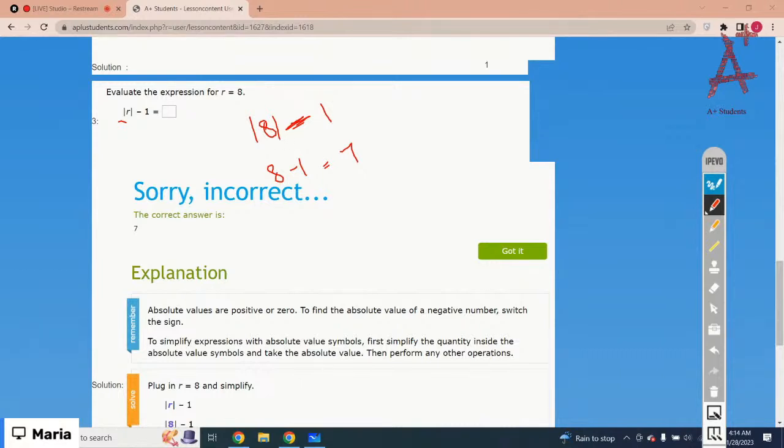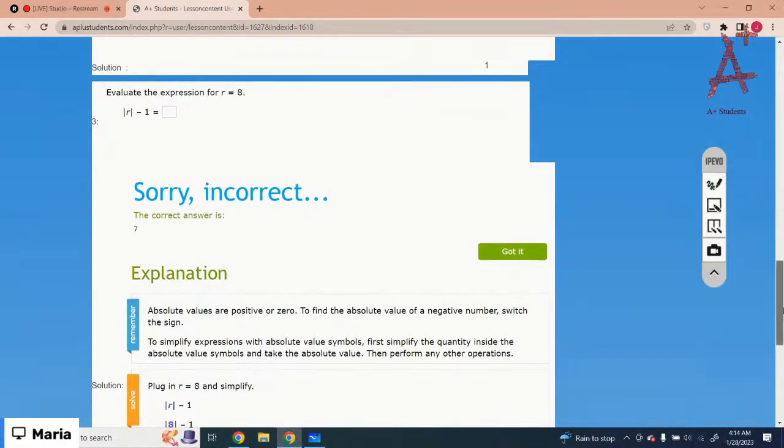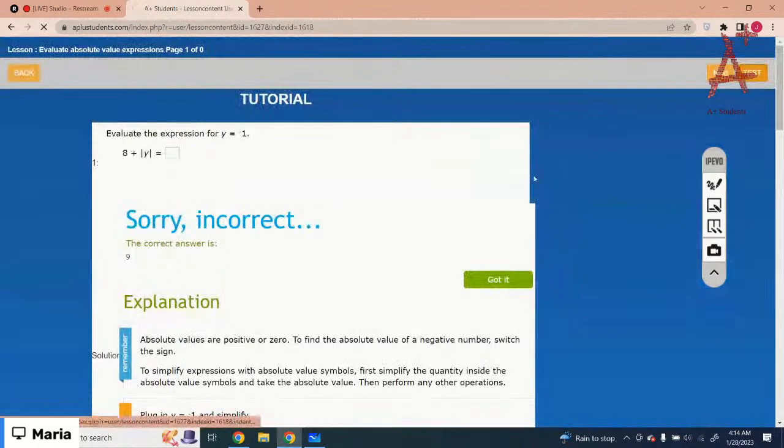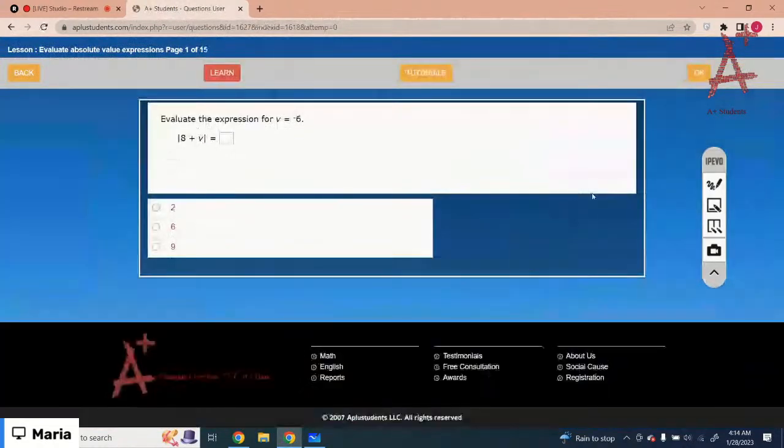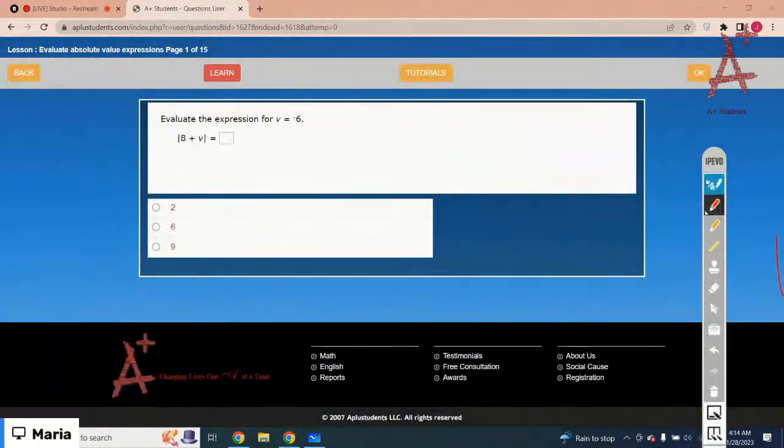Okay, let's start with the test questions. You have to evaluate the expression for v equals -6. So just replace the value. It would be the absolute value of 8 minus 6, which is the absolute value of 2, and the absolute value of 2 is 2.